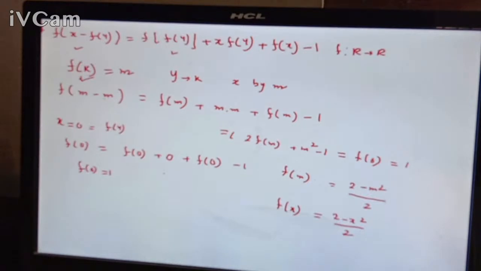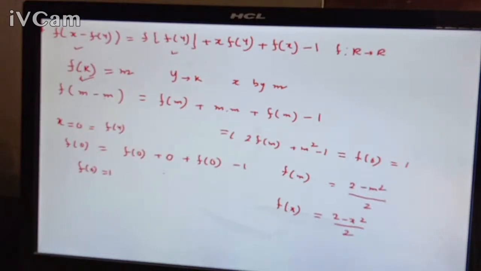So substituting x by 0 and f(y) by 0, I can substitute this because there is some value of y for which f(y) equals 0.